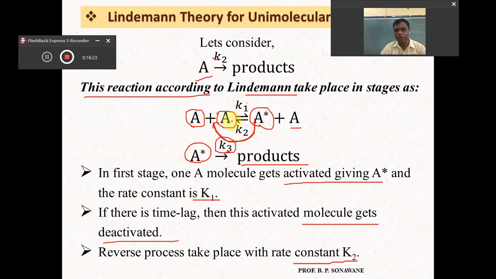K1 is the rate constant for the formation of the activated molecule, K2 is the rate constant for deactivation, and K3 is the rate constant for decomposition. There are three rate constants: K1, K2 and K3, for formation, deactivation and decomposition of the activated molecule A star.